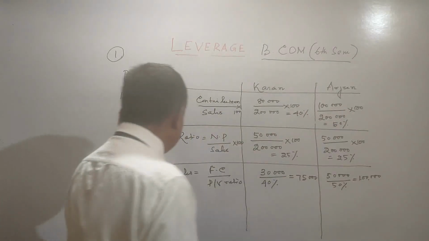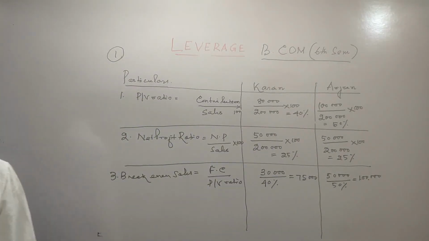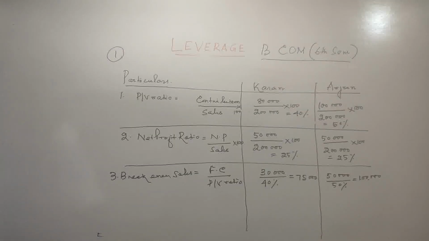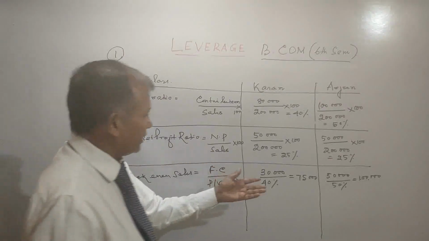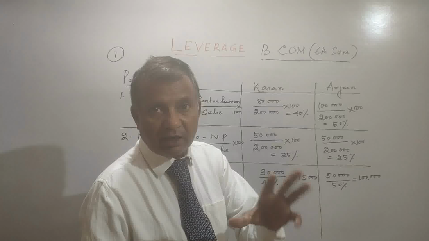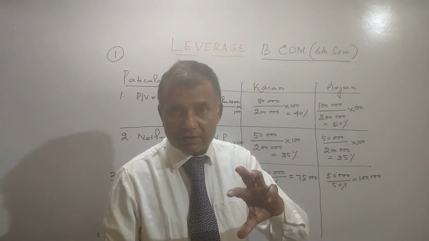So far as the break-even is concerned, Karan has a lower break-even than the Arjun. Karan's break-even is 75,000 and Arjun 1 lakh. That means if Karan's sale is 75,000, there is no profit, no loss.